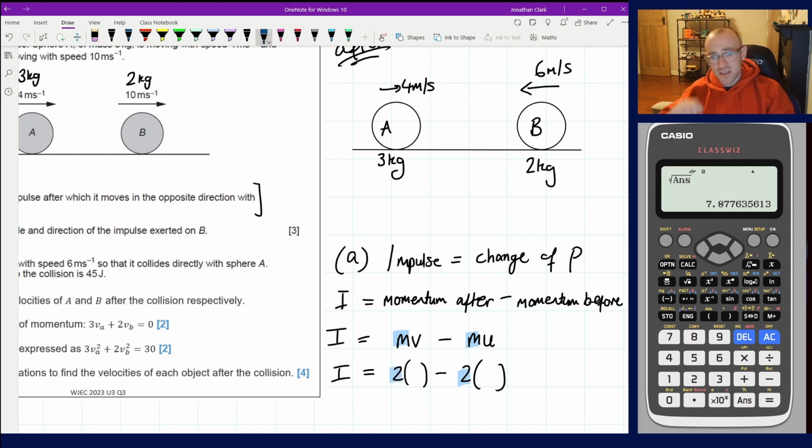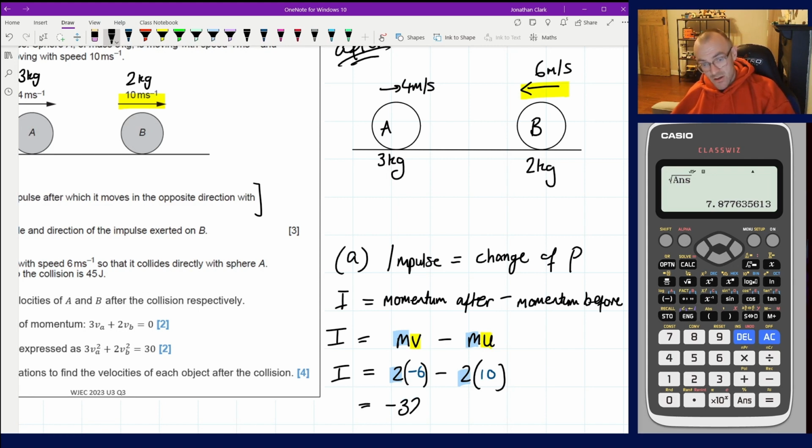The velocities are 6 and 10, but something I need to keep in mind is the directions have changed. So when I sub in V and U, I need to take that into account with a sign change. So if I say that the right is positive, then I would have -6 and a 10 here, for example. It doesn't have to be that way around.